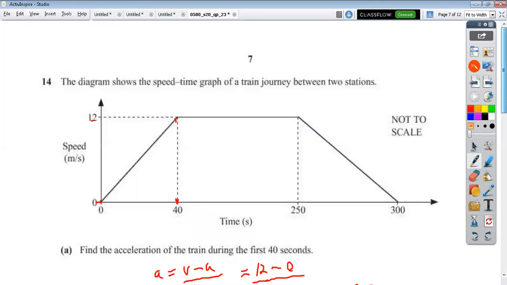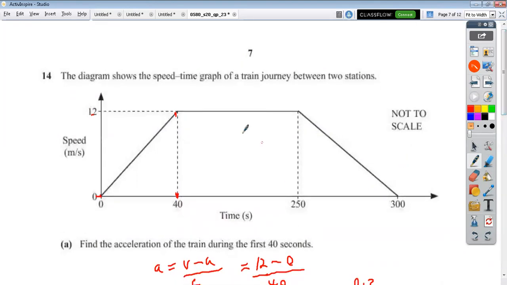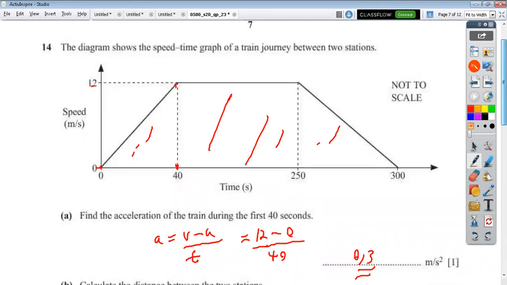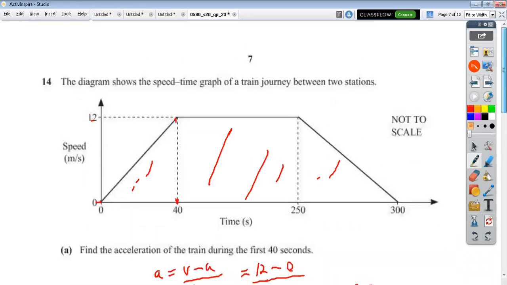Calculate the distance between the 2 stations. By the way, distance is the area under the graph. You can tell that this looks like a trapezium, or if you are not confident, you say area of this triangle, area of this triangle. So let's do that. Half multiplied by what is the base here? 40. Times what is our height? 12. Plus length times width. What is the length here?